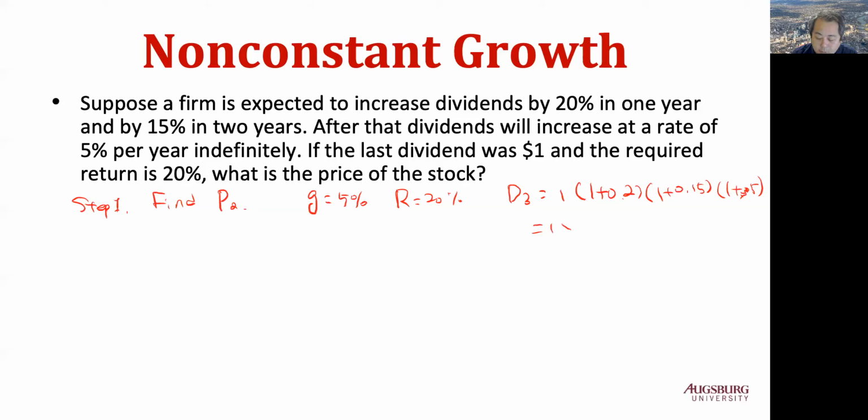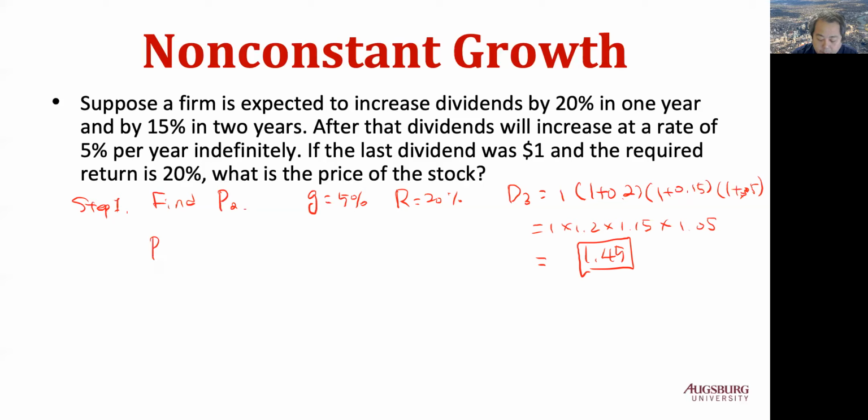So 1 times 1.2 times 1.15 times 1.05. D3 will be 1.45. I rounded it to 2 decimal places.